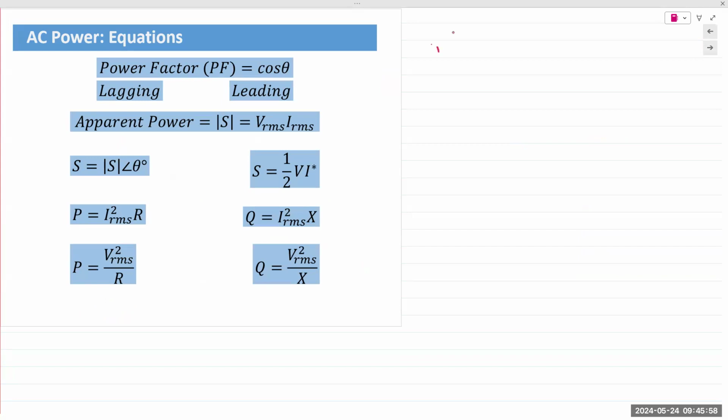So the ideal value of theta would be equal to 0. Cosine 0 would be equal to 1. And this power factor is typically stated in terms of percentage. So 1 would be the highest value.